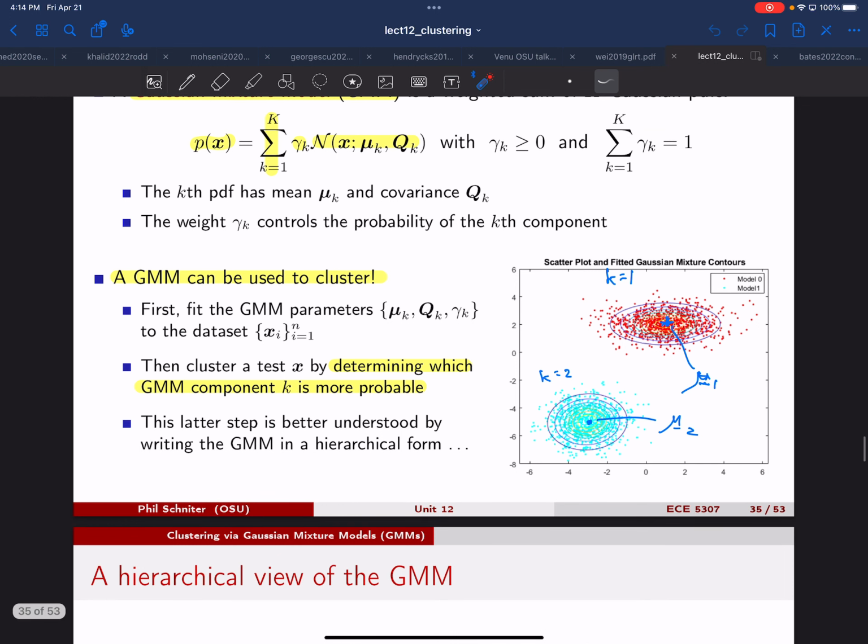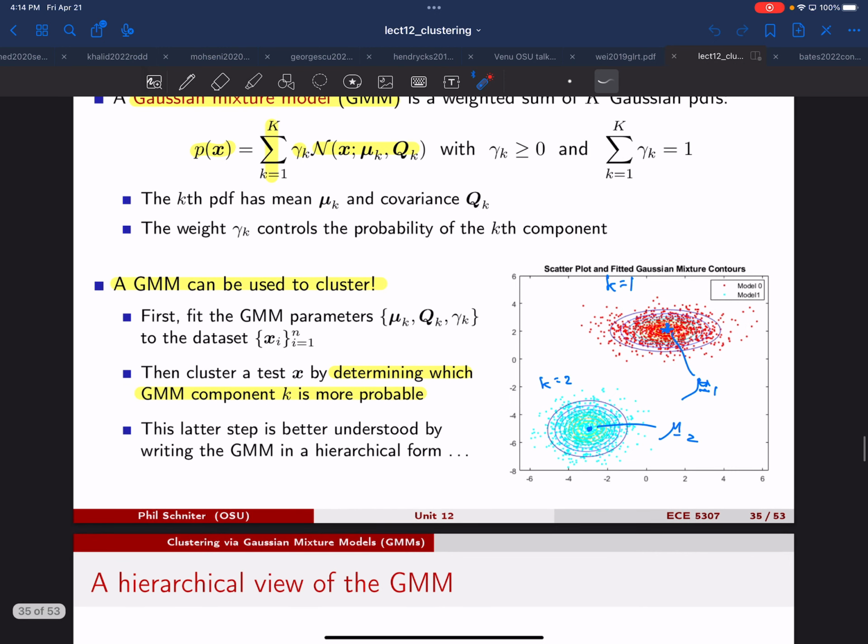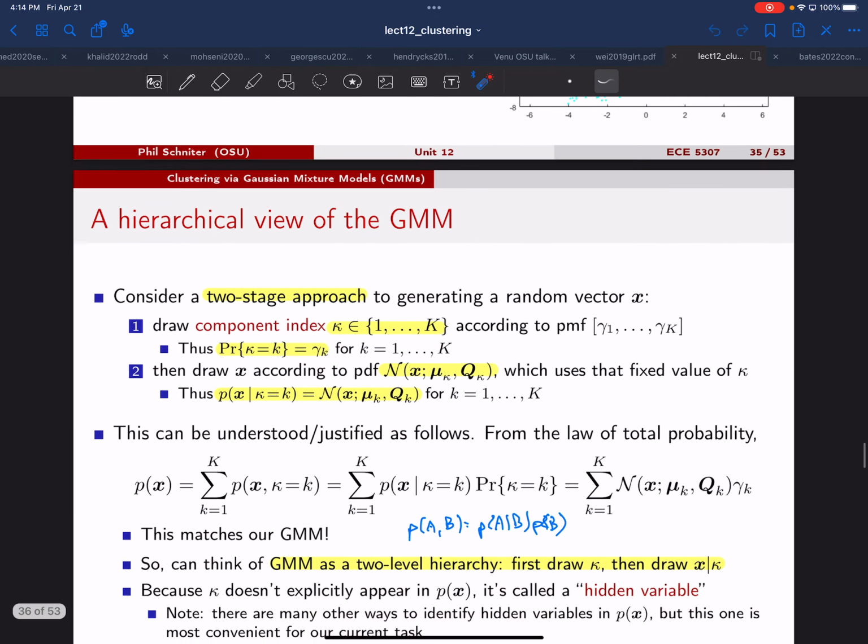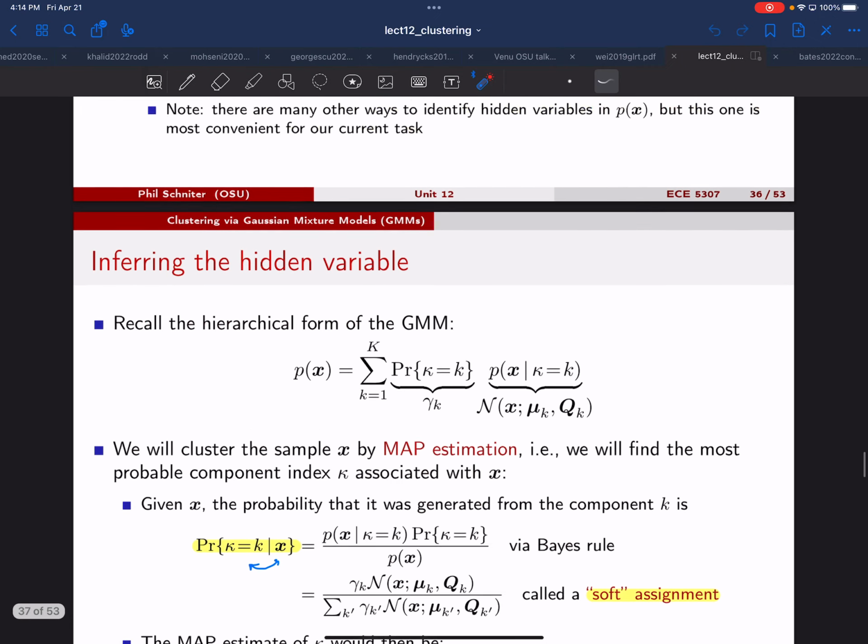And the heights are essentially adjusted by these gammas. And the heights should be proportional to the number of samples that are explained by that Gaussian. So that's the Gaussian mixture. And so our objective now is, given a data set of X values, to come up with the maximum likelihood fit of all of our parameters. And we're going to use EM for that.